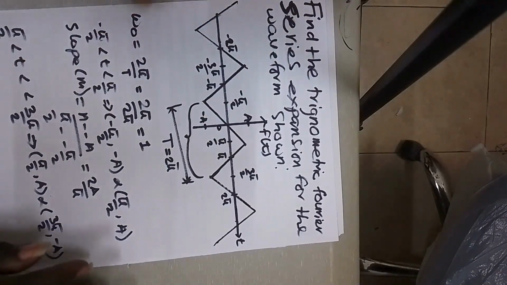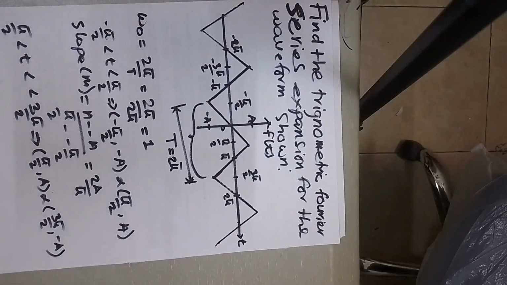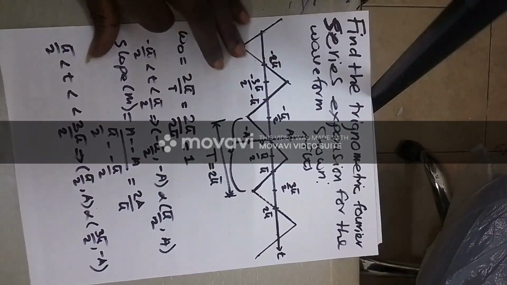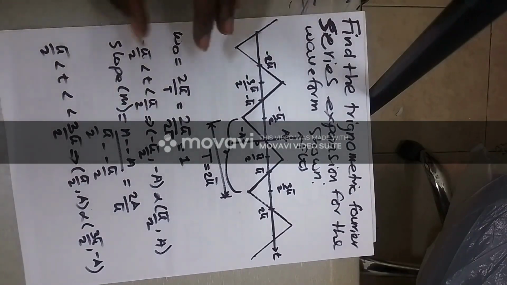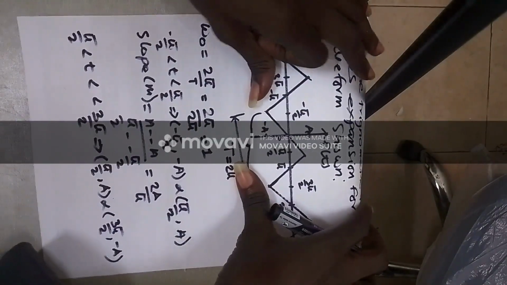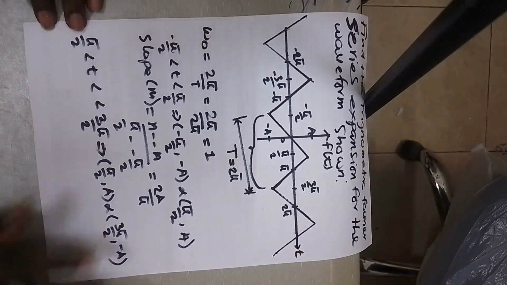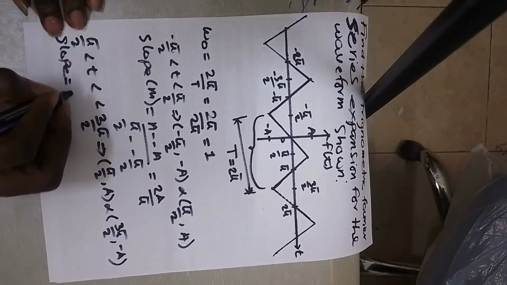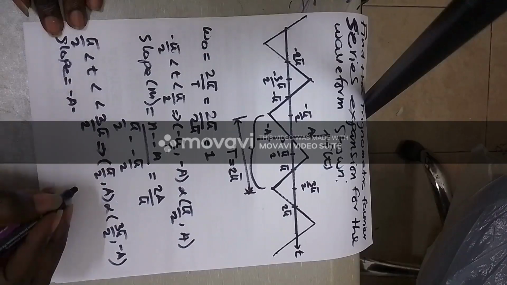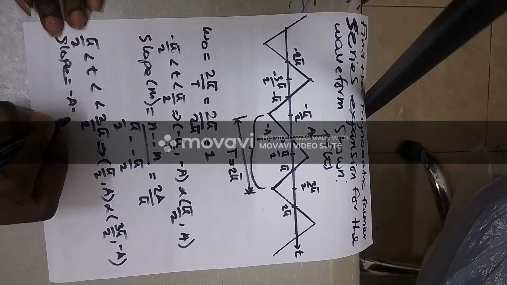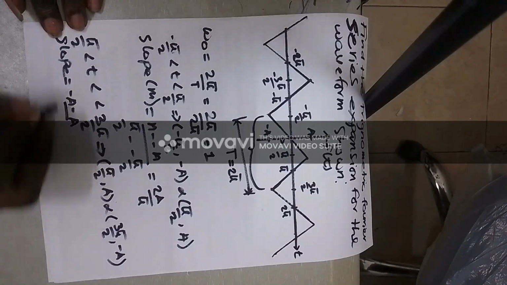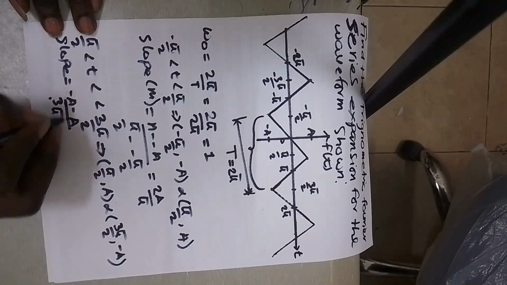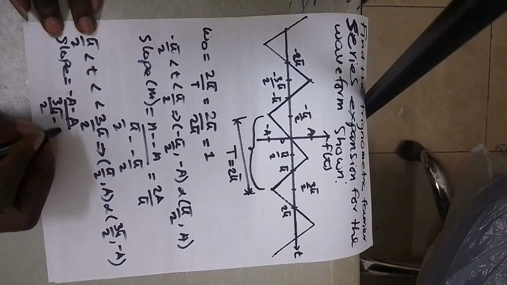Now I must find the slope for this one. The slope here is going to be minus A minus A over 3 pi on 2 minus pi on 2.